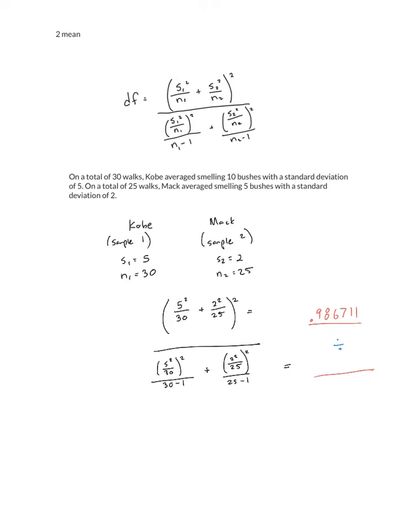Now we'll do the same for the bottom here, and one of the things to keep in mind is that if you are having trouble with your calculator, simplify this as much as possible. That is, maybe write that as 29 and write that as 24.